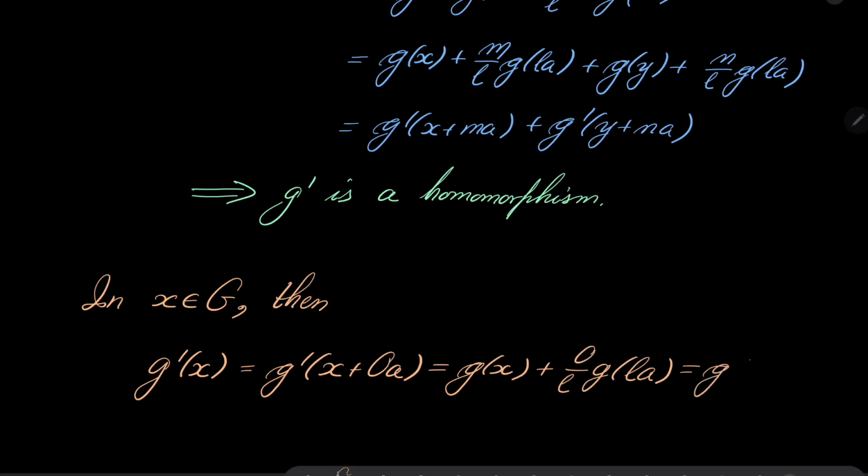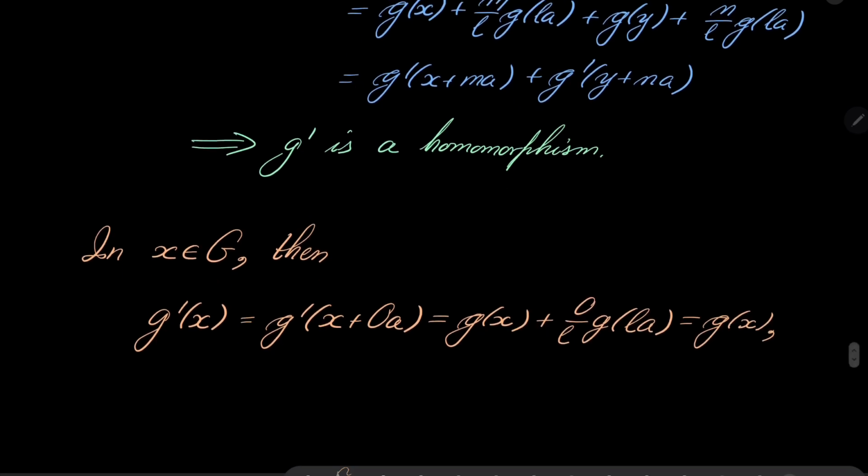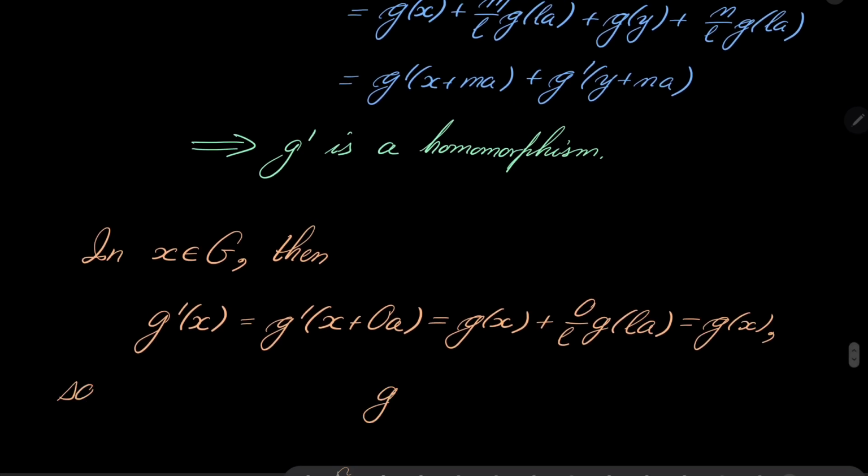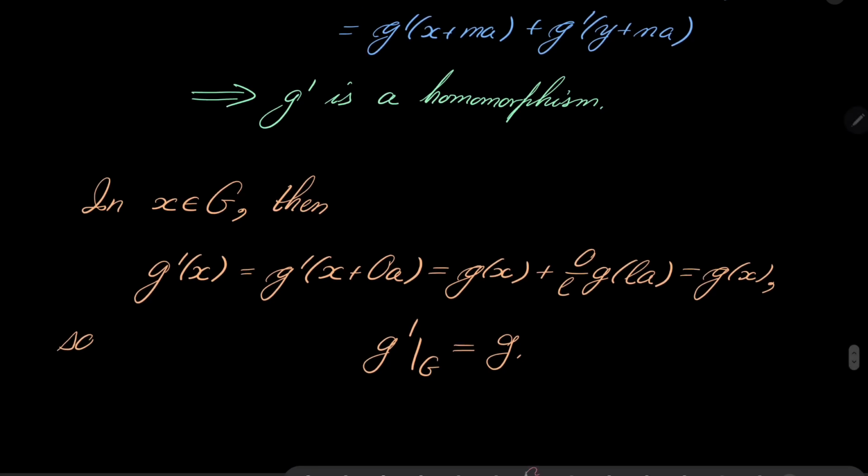So it is g of x. So g prime restricted to G equals g.